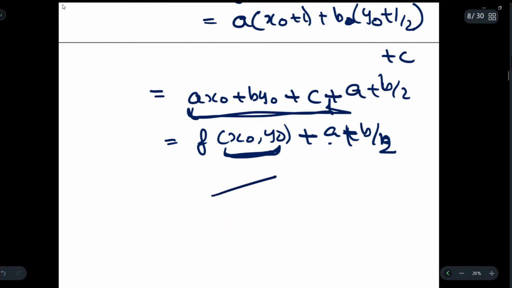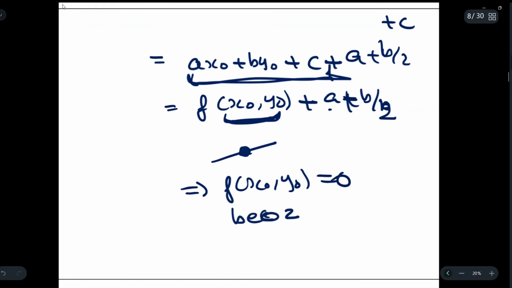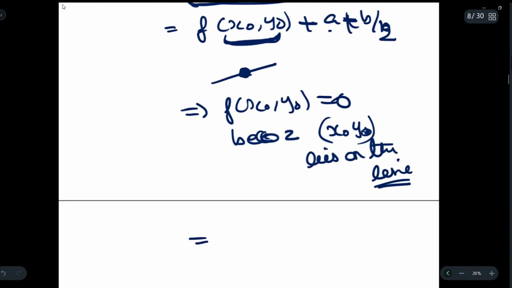So if a point lies on a line, we know that the function f of x comma y will be equal to 0. That is, the function f of x naught comma y naught will be equal to 0 because the point x naught comma y naught lies on the line. This is our assumption.